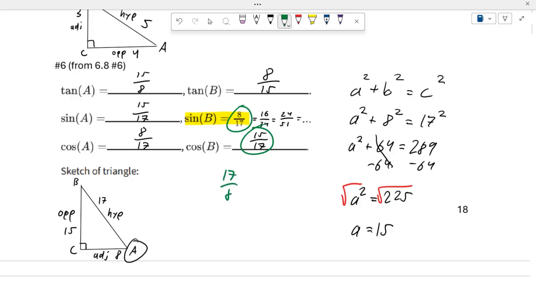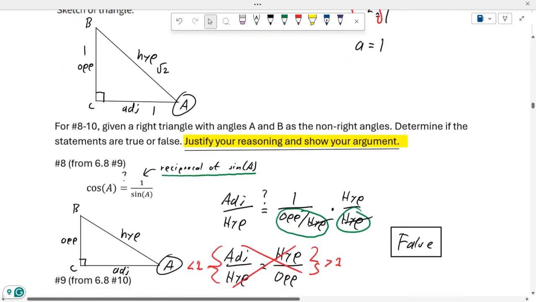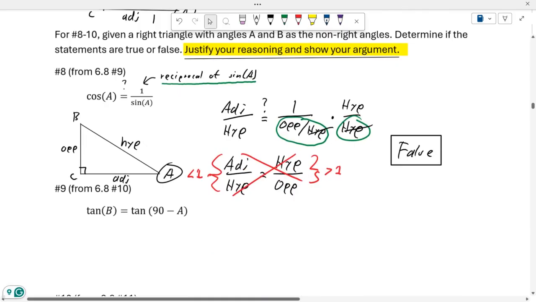That is not a true statement. Because that's not true, the statement for number 8 has to be false. It didn't work with number 6, and it wouldn't work with any of the other problems. So you could have also done that to prove that number 8 is in fact false.